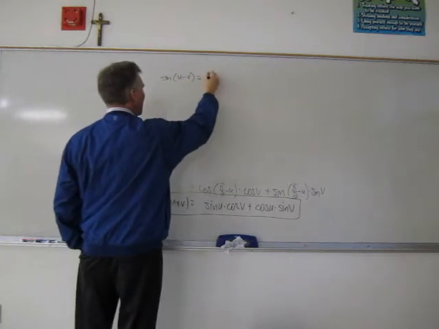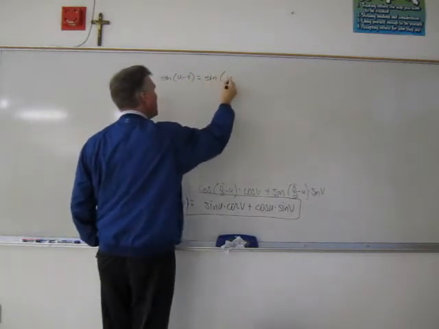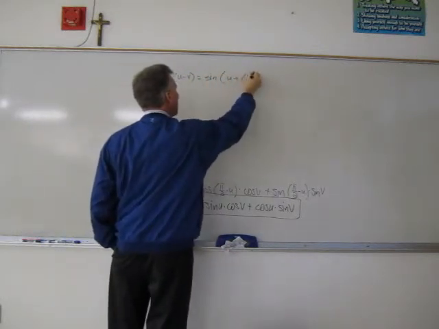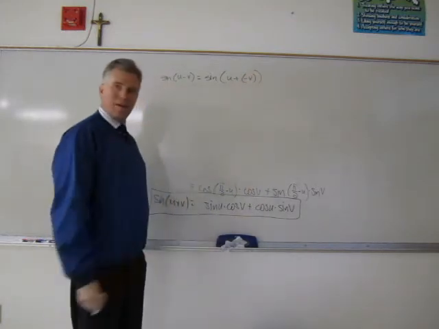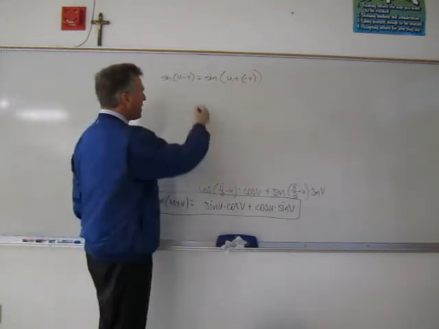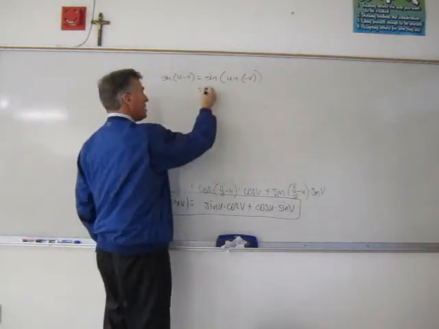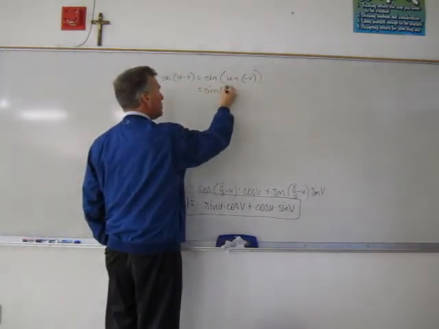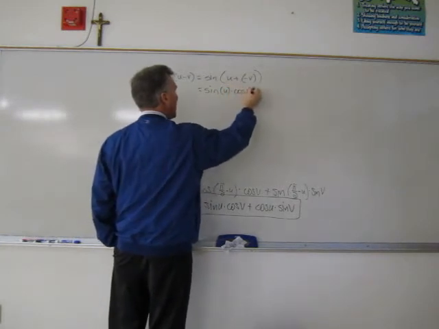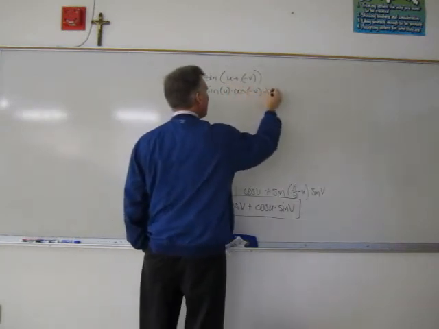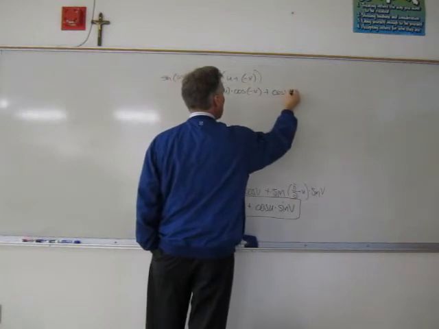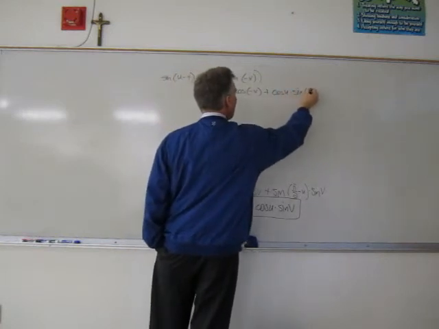I'm going to rewrite that as sine of u plus a negative v. Well, that's not bad, because now I can just substitute into this formula that I just derived. This becomes sine of u cosine of minus v plus cosine of u sine of minus v.